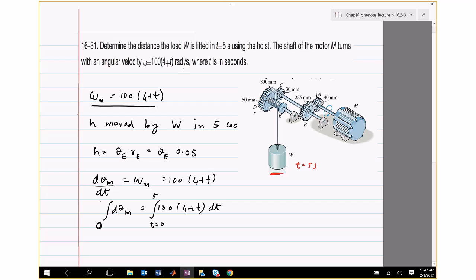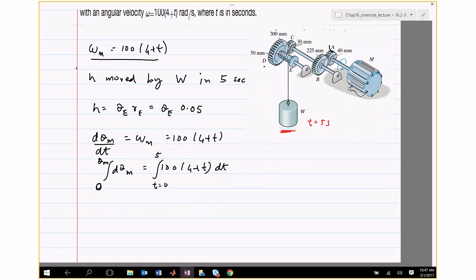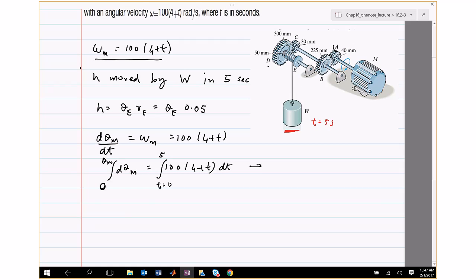The final angle is theta M, an unknown. I would like you to do this yourself. Theta M comes out to be 3250 radians.